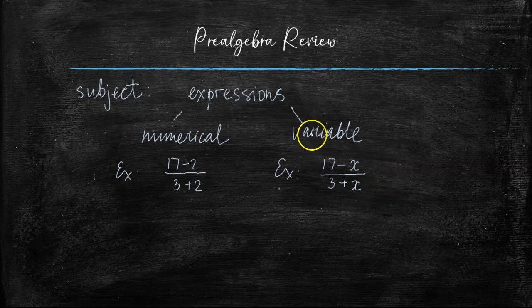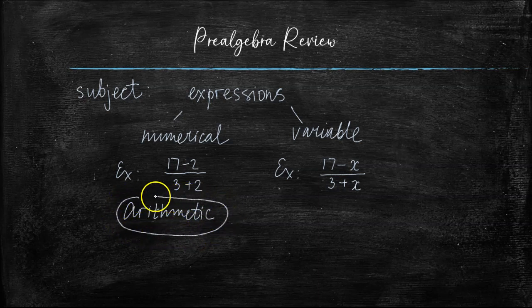Frequently, we omit the word variable and we just call it an expression because numerical expressions is something that we deal with in arithmetic. So if you don't have a variable, then you're immediately taken back to arithmetic, and the only thing you can do with this expression is to compute.